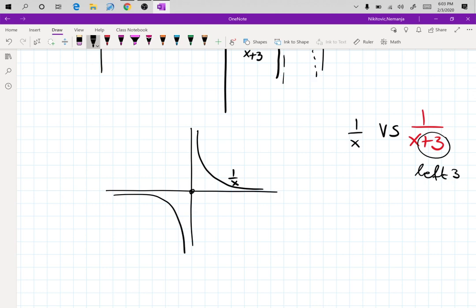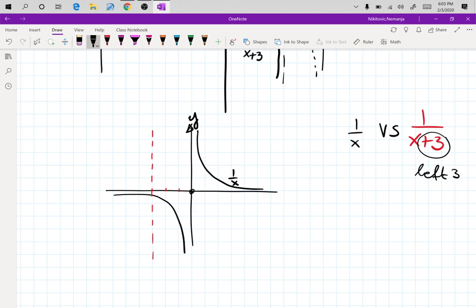If this is at 0, I'm going to go 1, 2, 3 to the left and put this barrier, which is technically the new y-axis. So this is the original y-axis. That's where the y-axis is. And now I am shifting the whole graph to the left.